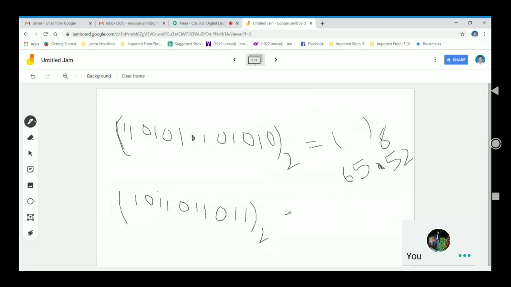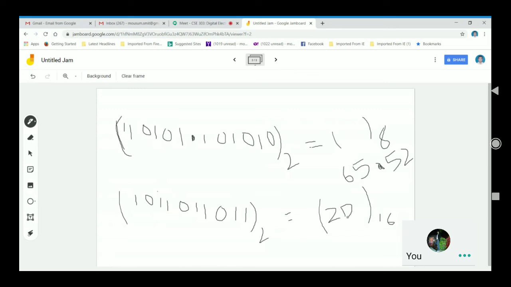Now just convert it to the hexadecimal number and tell me what is the result. 2DB.